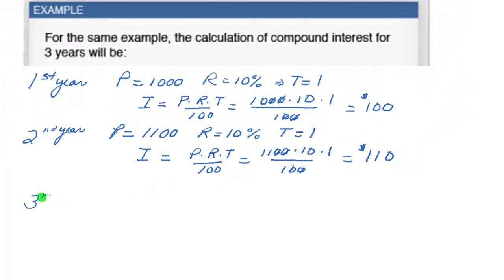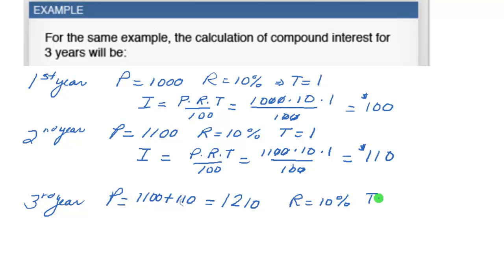Okay, the third year comes. Now your principal in the bank is no longer $1,100. Now you have $1,100 plus 110, right? This was your interest from last year. You add those together and you have $1,210 in your bank. That's your new principal. Your rate is still 10%. Your time is a year.